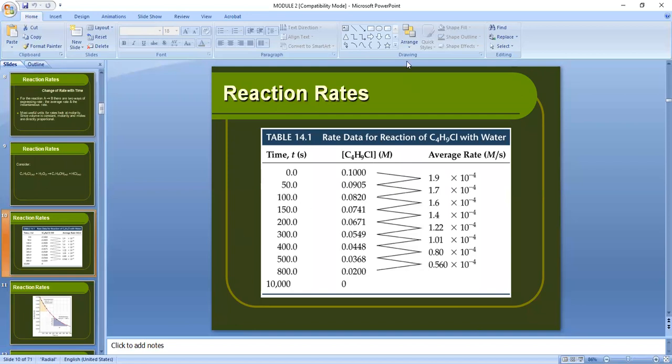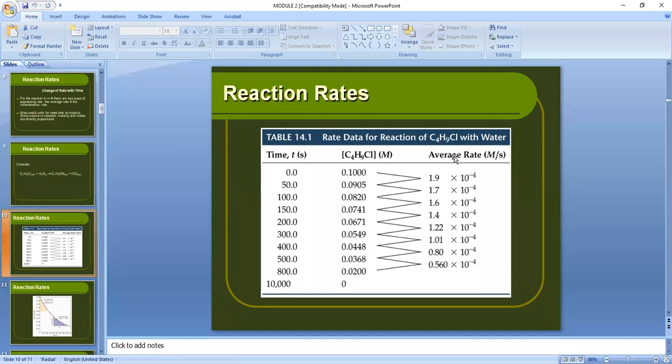So you could see that when we account for the average rate, we take the difference of two adjacent concentrations. It's not suggested that when you take the average rate, you get one concentration here and one concentration here. Of course, the difference in time will be starting from 0 to this 800 seconds in here. Oftentimes, if it's average rate, you take the next value, or the two adjacent values in your set of empirical data.